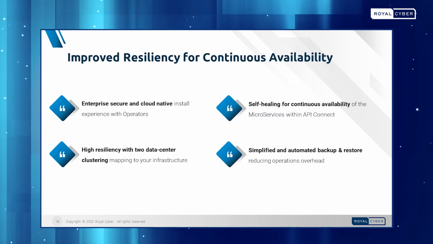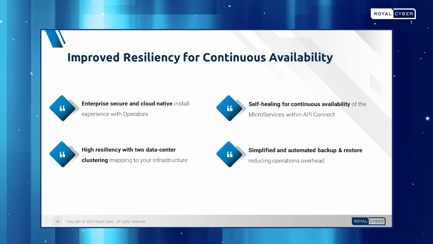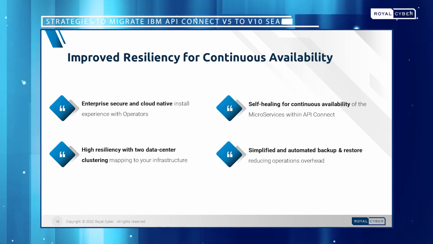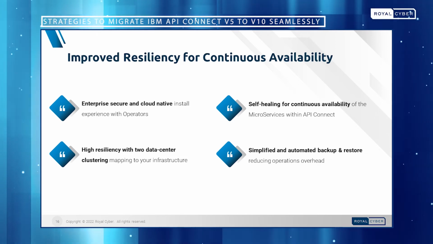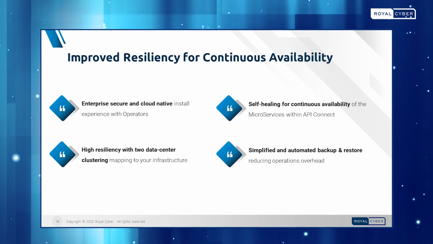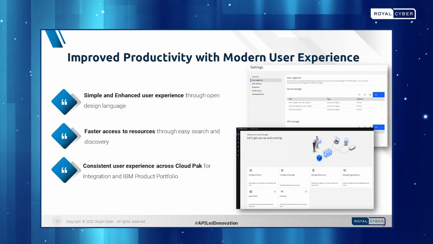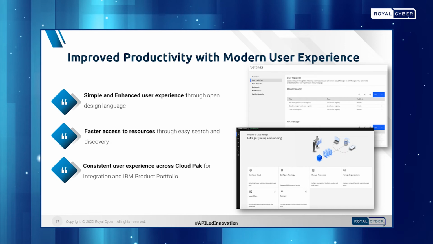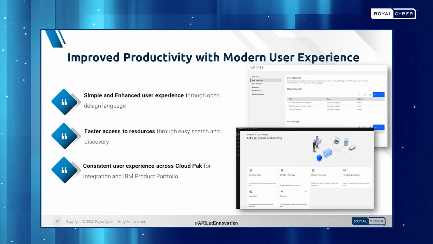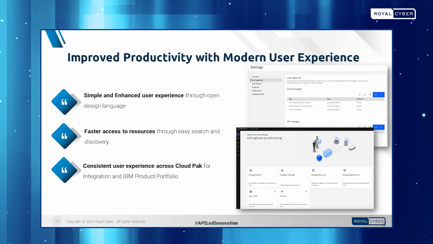There's also improved resiliency and continuous availability. V10 comes with improved security. We are talking about support for TLS 1.3, but there's also still support for 1.2 for backward compatibility. There's improved productivity and a modern user experience across IBM Cloud Pak for Integration.